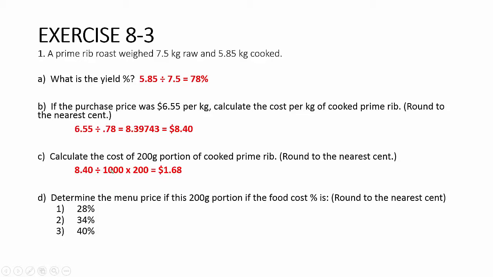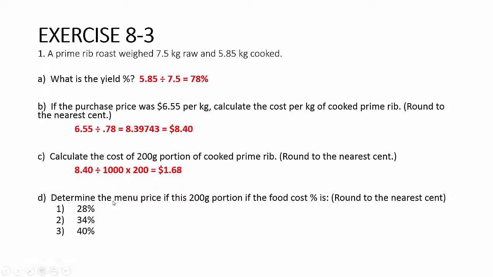We're going to divide it by 1,000 because there are 1,000 grams in a kilogram, and $8.40 divided by 1,000 will give us the cost of 1 gram. We'll multiply that by the 200-gram portion that we're looking for, and we see that a 200-gram portion of cooked prime rib is $1.68.